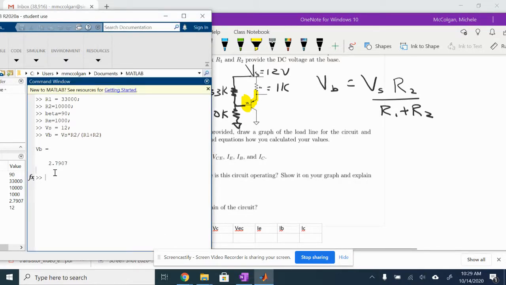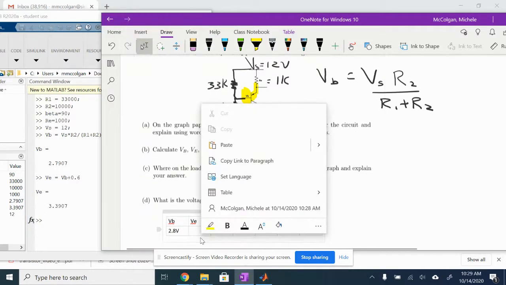So I'm going to do VE is equal to VB plus 0.6, and I get about 3.4, so I'll just type in 3.4.